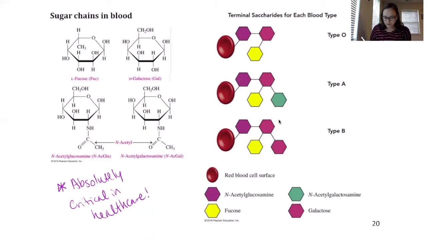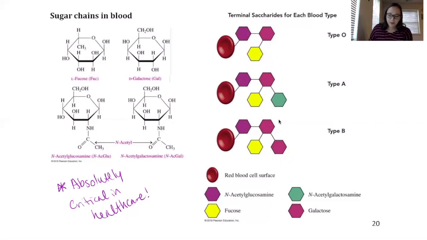That's what the purple and green are. They have these different groups on here that are important. You'll notice that all of the different blood types have the same purple, pink, yellow, but what is on the very end is different for each blood type. That is what determines whether our bodies can handle it or not.